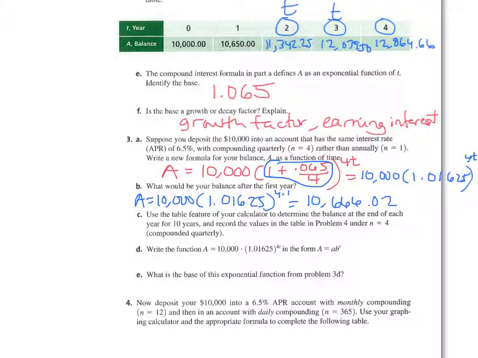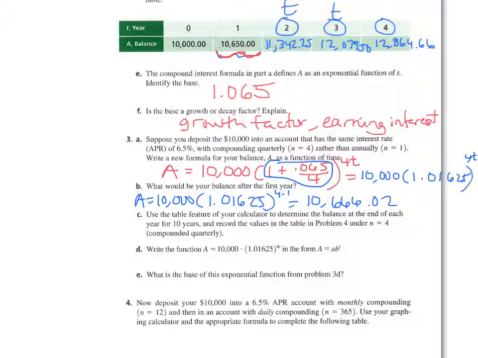If you look at that compared to what we had up here, let me show you where I'm at. After 1 year compounding annually, I had $10,650. After only 1 year, the same amount of time, if we compound it quarterly, I have about $10,666. So it does make a difference. In this case, it's only about $16, but it does change.